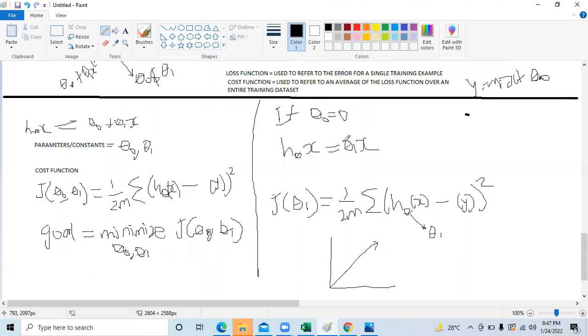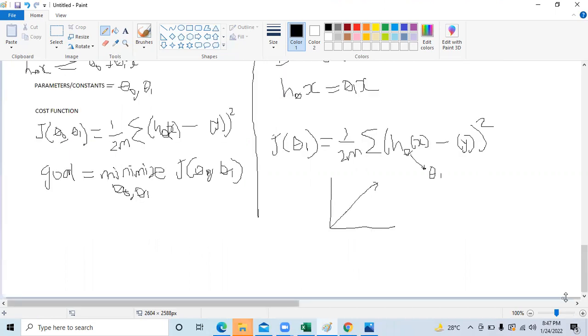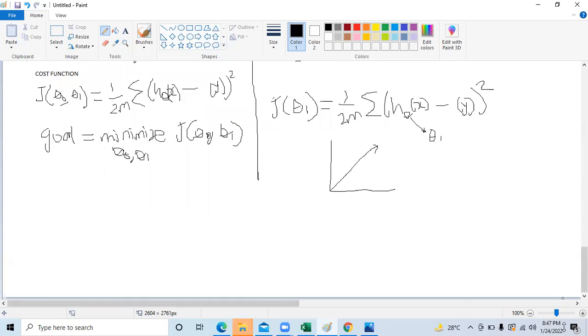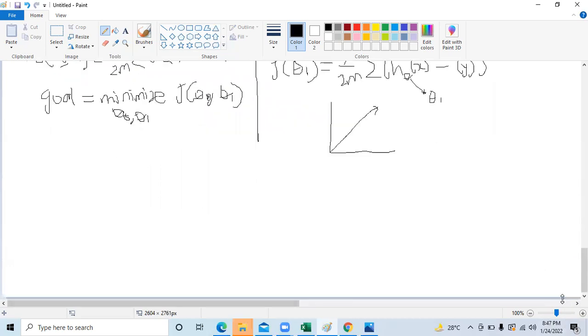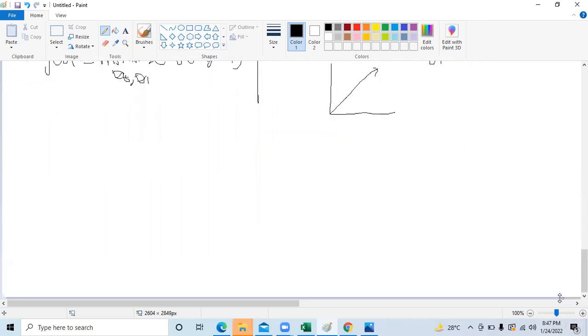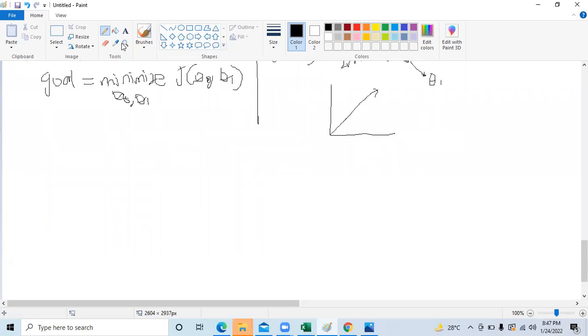Now let's use this to understand our cost function much better.